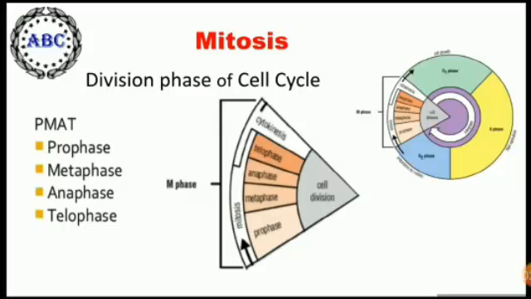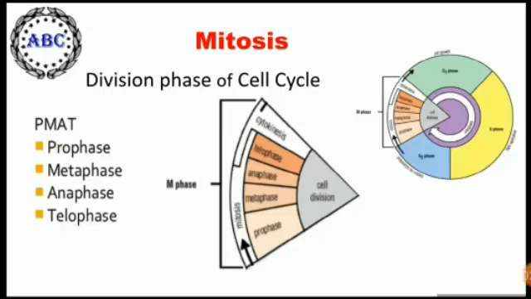So mitosis is the process of cell division whereby the chromosomes are duplicated and distributed equally to the daughter cells. Mitosis is a progressive, continuous process, but on the basis of significant changes and for the sake of convenience, it is divided into four main phases.